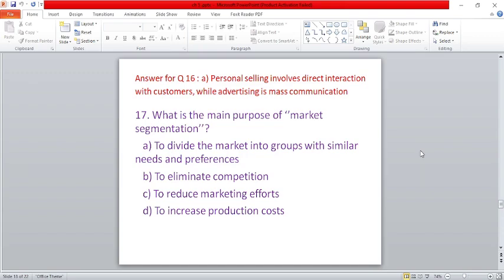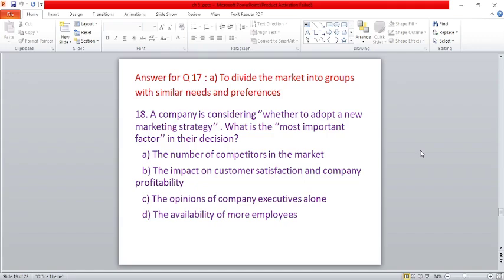Question number 18. A company is considering whether to adopt a new marketing strategy.